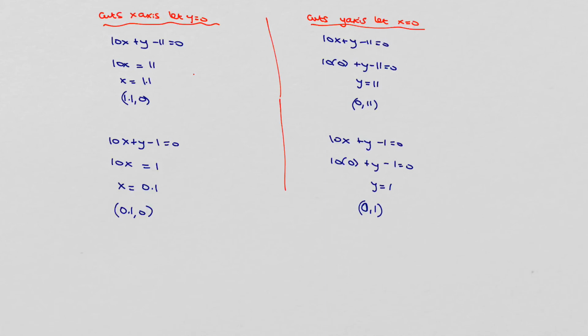Okay, so what does that look like? Well, if we zoom in on that, we end up with this shape here. And we already know the perpendicular distance between the two parallel lines is 10 root 101 over 101.